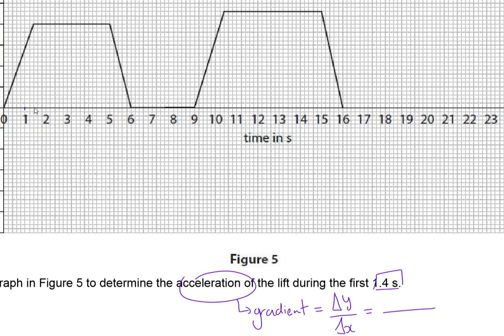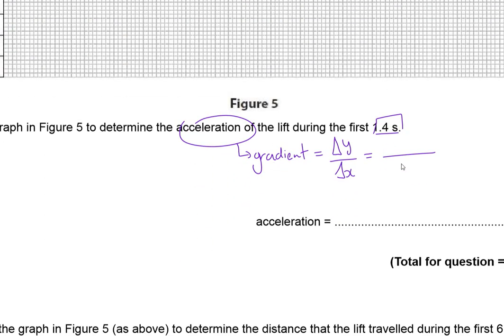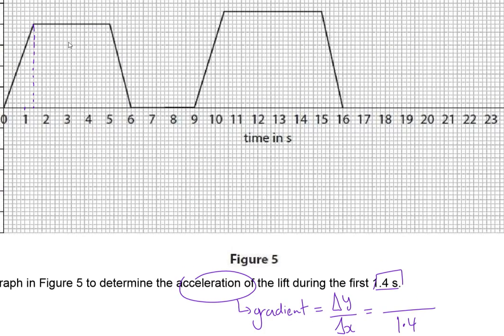So 1.4 is going to be somewhere here, and they did it so that it is pretty much on this side. You can see 1, 2, 3, 4, 5. So 1.4 is going to be there, and then the change in the y-axis goes from 0 all the way to 4.